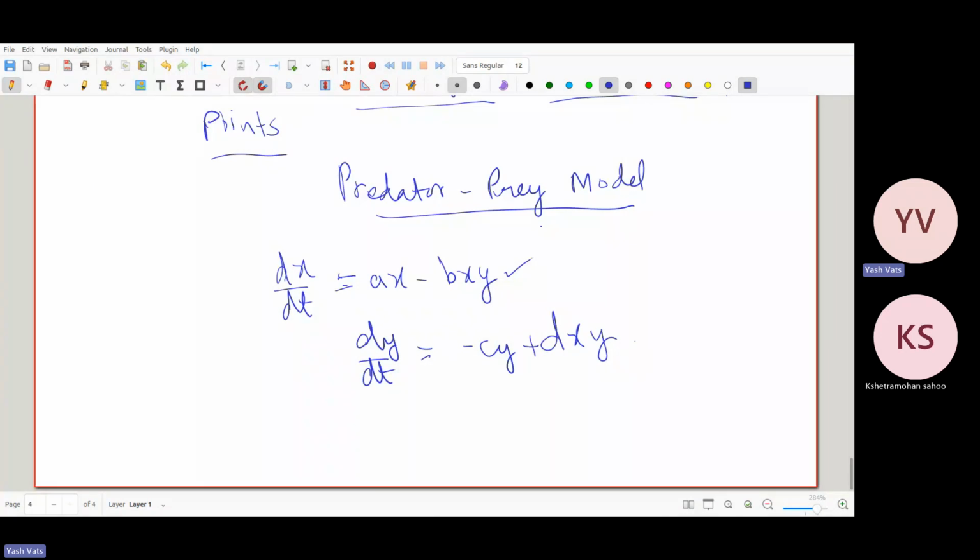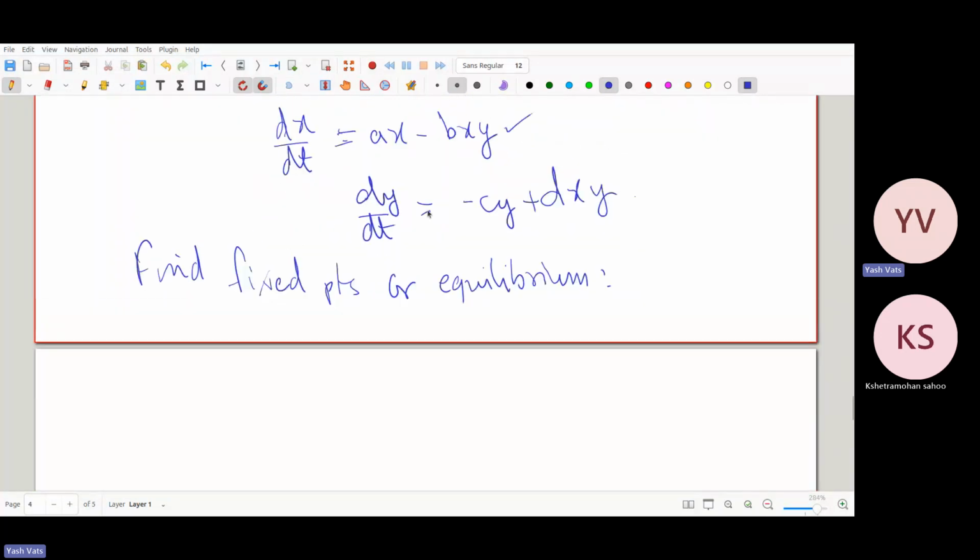So what is the equilibrium like? We need to find fixed points or equilibrium. So what's that? You write this as f(x,y) and this as g(x,y).